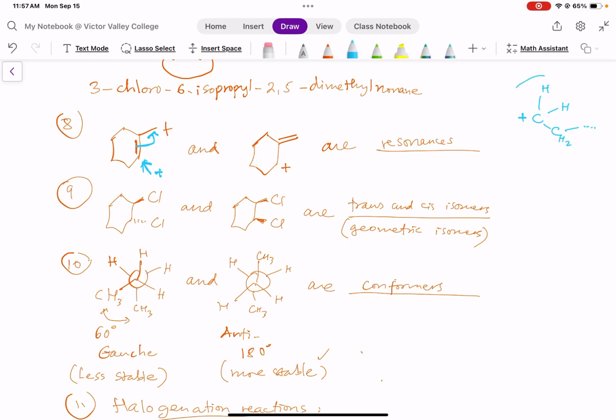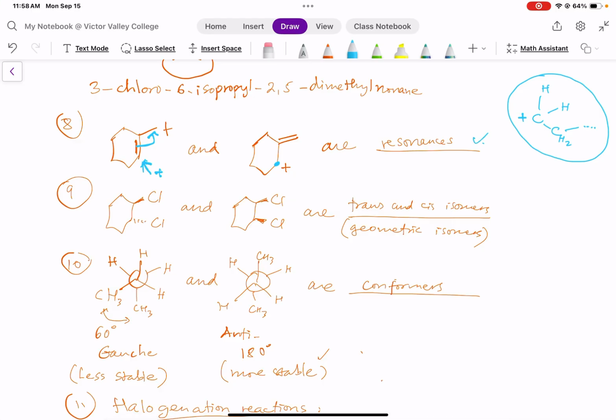Regular carbon has 4 bonds. Missing a bond is positive, it's a cation. So we can move that double bond to the outside. This one will be missing a bond and become positive, so these 2 must be resonance structures.